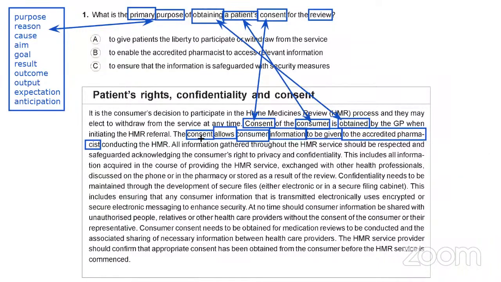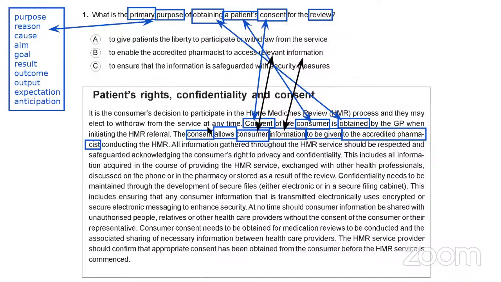Now reverse. Consent. So the consent allows consumer information, relevant information, consumer information, relevant information.